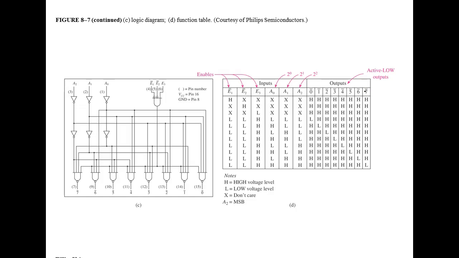So when we look at the truth table or the function table, it says E is high, but it's supposed to be low. It says E2 is high, but it's low. So as soon as this guy right here goes high, what are these? Don't care. You understand that?